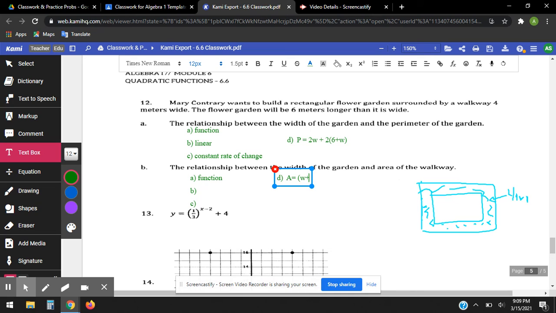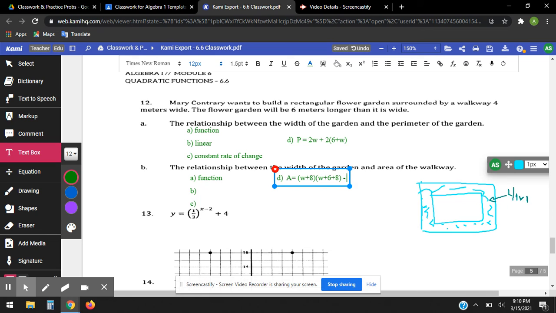So my width plus 8 times my width going this way, which is my length, which we already said was 6 plus W, right? W plus 6 plus that 8, because we got the 8 on each side.